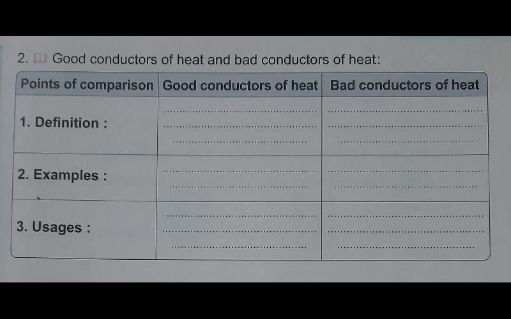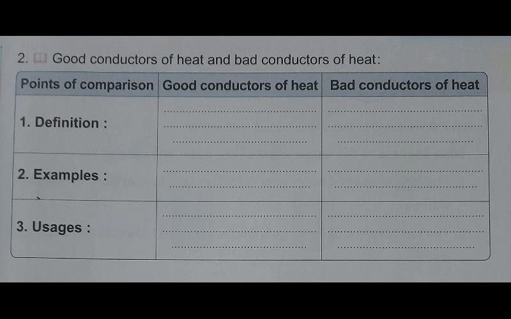Examples. Good conductors of heat: copper, aluminium, iron, and stainless steel. Bad conductors: glass, wood, paper, plastic, air, and rubber.